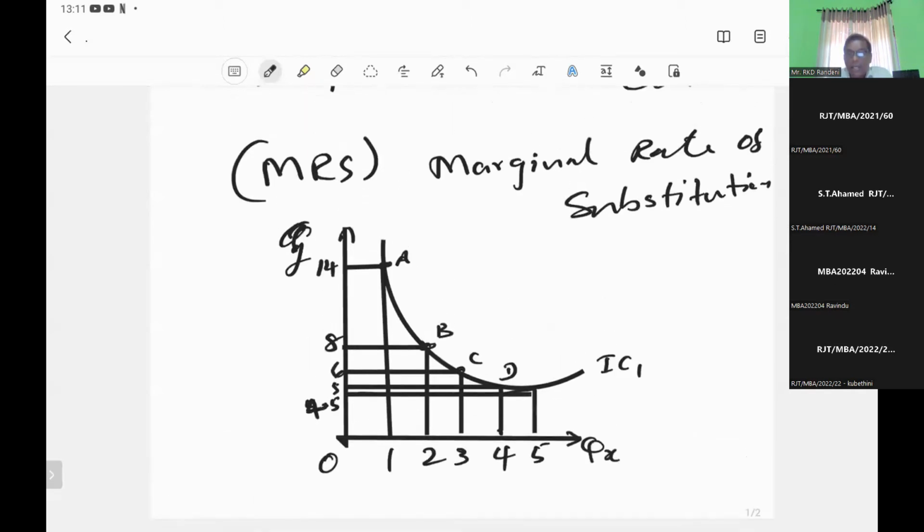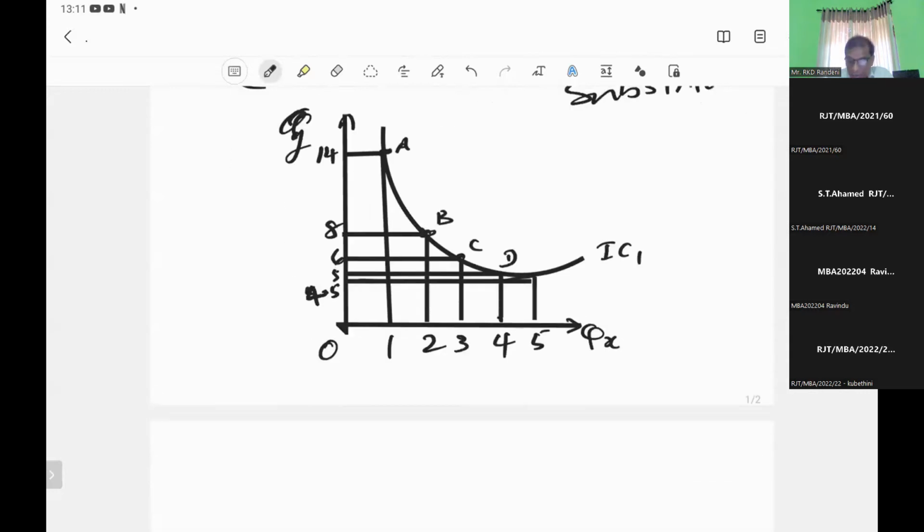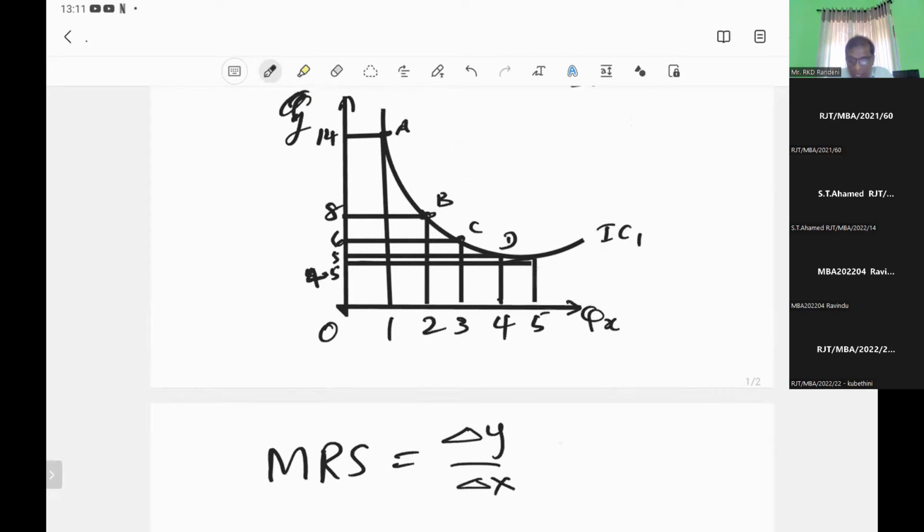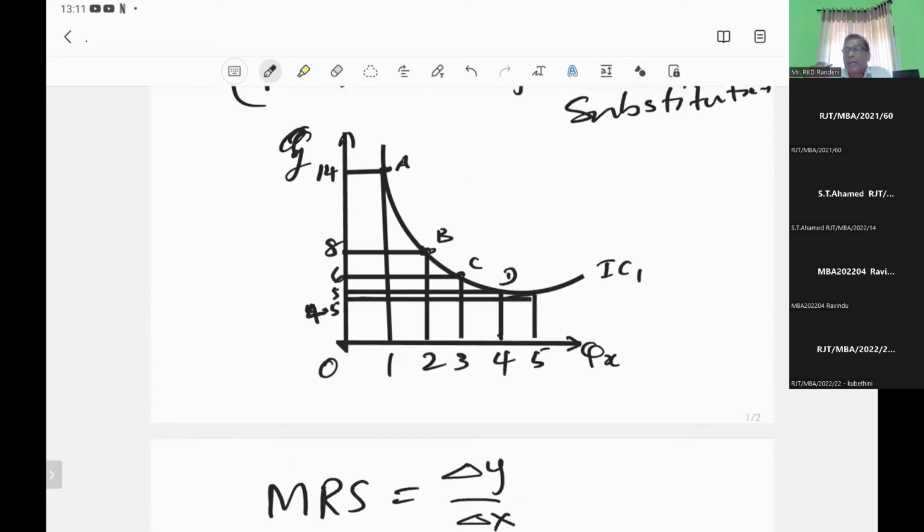Now you can calculate the slope of the indifference curve, that is MRS. You can calculate the MRS as delta Y divided by delta X. And normally the MRS is calculated from left to right, downwards, not this way, right?